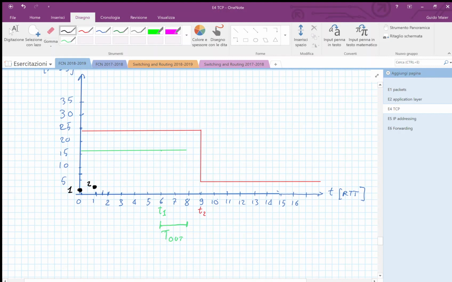Okay. Then 2 segments are sent at the same time. No errors occur, so after one round trip time, we receive 2 ACKs. And since we received 2 ACKs, we are in slow start, the congestion window goes to 4. Okay.